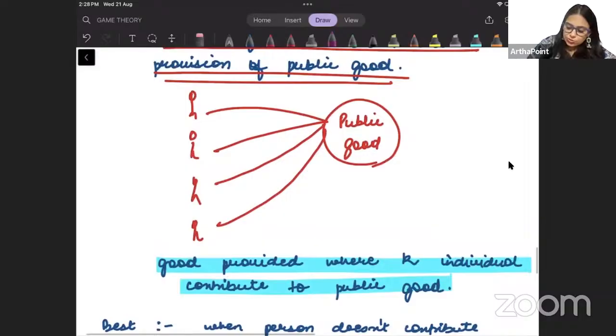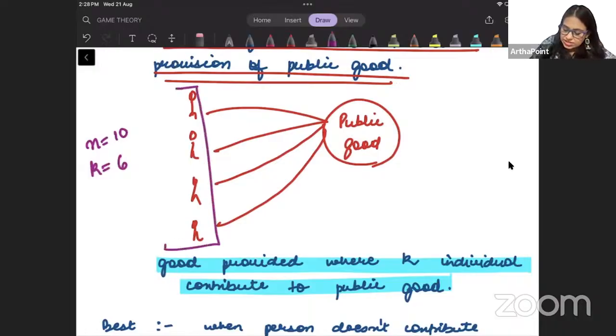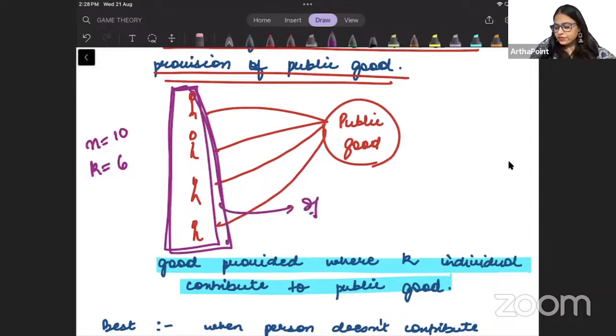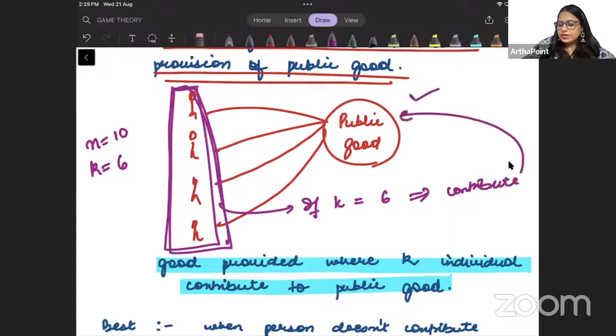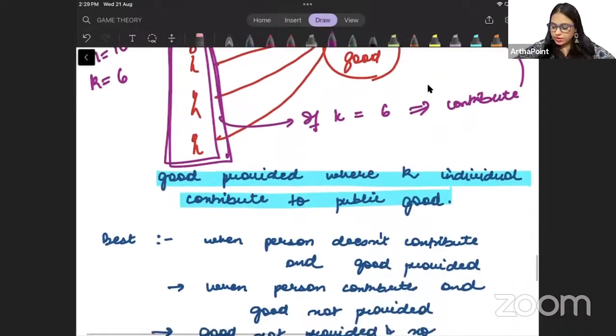So suppose I tell you that n is 10 and suppose I tell you k is 6. माने इन 10 लोगों में से, if k, which means 6 people contribute, then good will be created. ये public good बन जाएगा. If out of 10 people, 6 people contribute, then we will have public good in place, right?